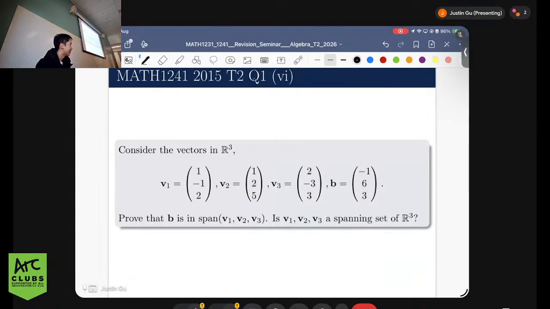Can anyone give me the method straight away? You make the matrix, then you can reduce it, and if you have only leading columns, then it's a spanning set. Pardon? If you reduce it and all of the columns are leading, then they span.